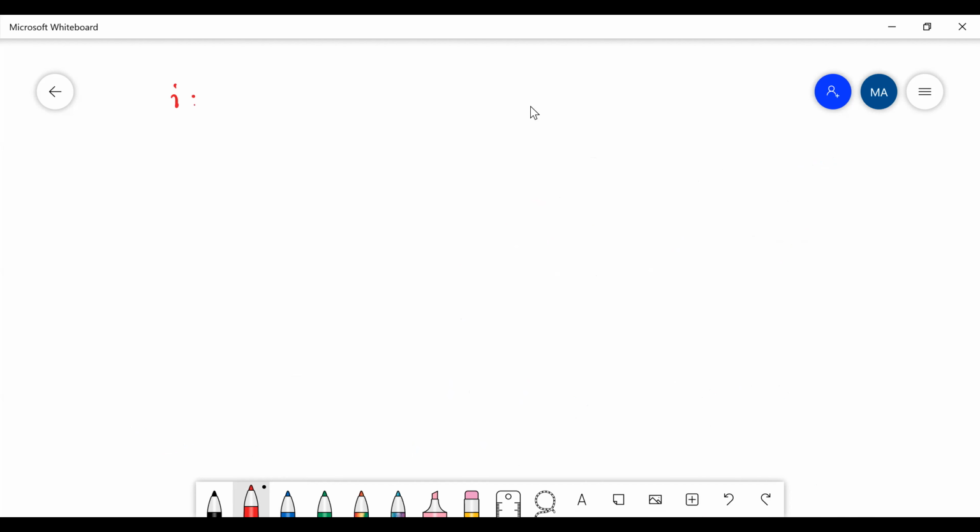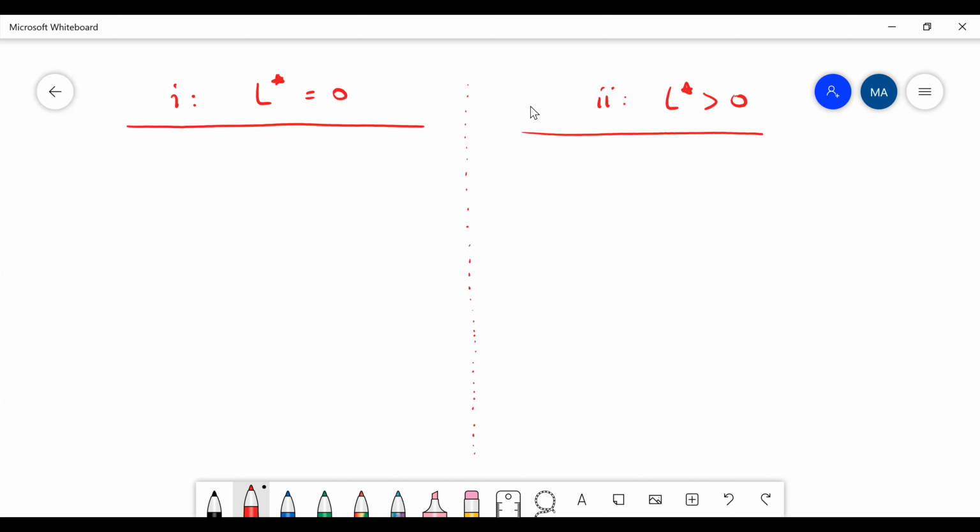Here, of course, there are two cases. Case 1, L star could be 0, and case 2, L star could be strictly greater than 0. We're going to study both types of equilibrium. Now I have A K^alpha (1 minus alpha)(1 plus L star)^(-alpha) minus W less than or equal to 0, right?